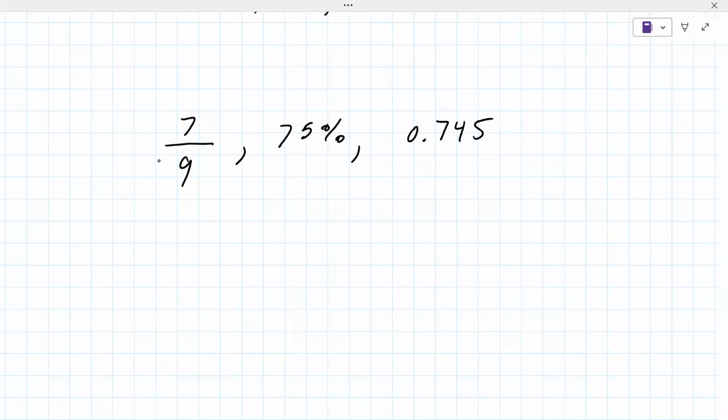Let's try those. What is A as a decimal?